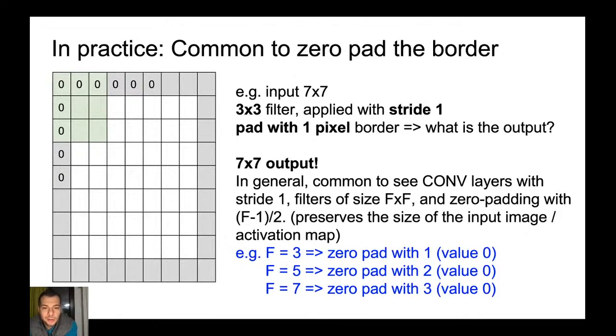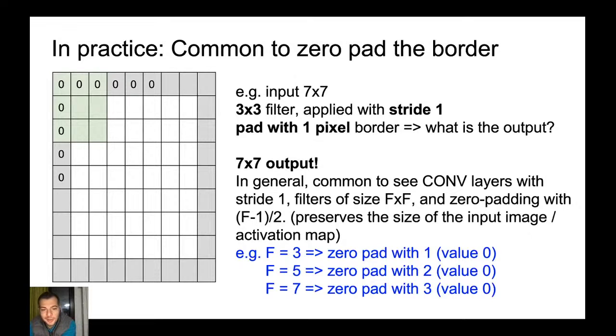Okay, so in general, if we use conv layers with stride 1 and a filter size of f by f, and we want to preserve the size, we just need to add zero padding with the size of the filter minus 1, divided by 2. So if the filter size is 3, we need to add a padding of 1 pixel, so 3 minus 1 divided by 2 is equal to 1.